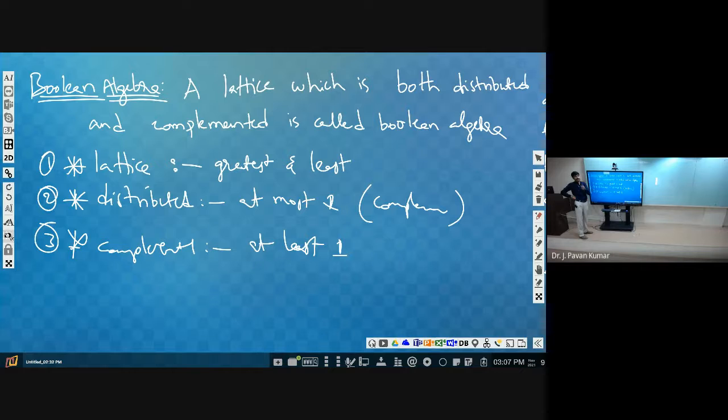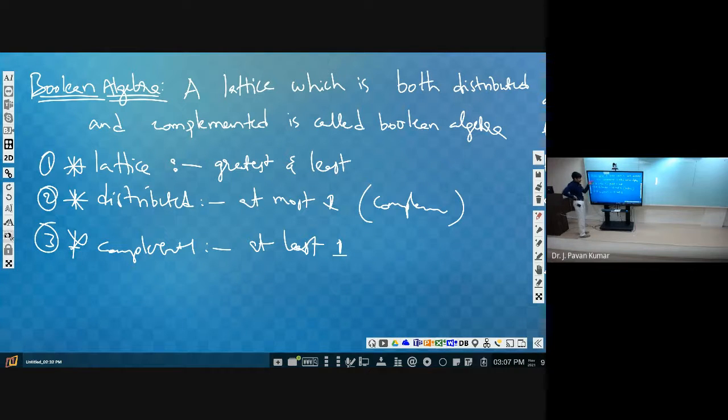What is it? For every two elements, we will have a join, the least upper bound, and a meet, the greatest lower bound. Meet will be there, join will be there for every two elements. Then we can say it is a lattice.